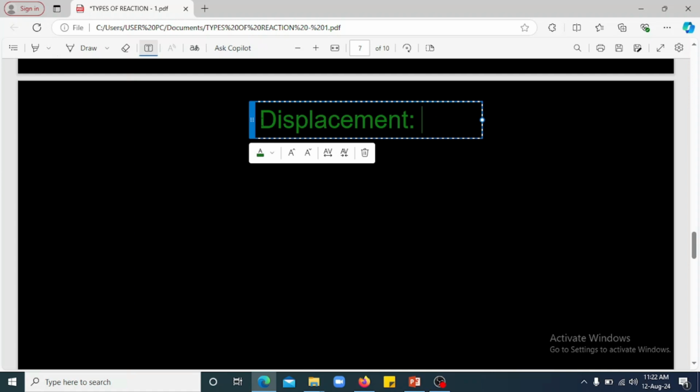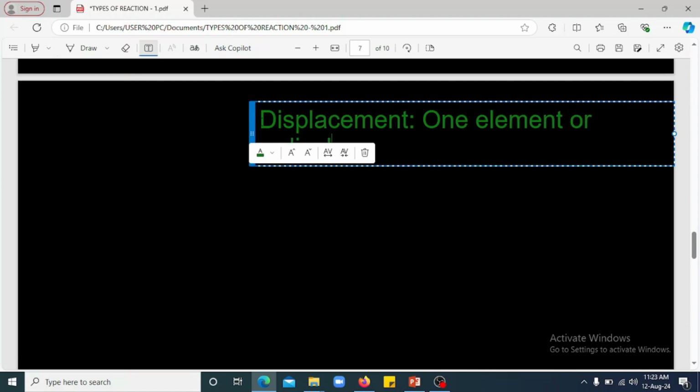Something is taking the place of the other. So one element or radical replaces another element or radical. And this is called displacement.